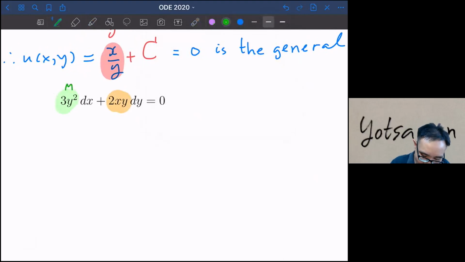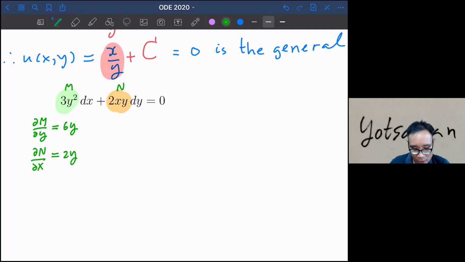I have my M and I have my N. So I will begin with dM/dy for checking the exactness. So this would give you 6y, and you have dN/dx. Okay, dN/dx is gonna be 2y. And so you see that they are not identical, so they are not the same, so it's not exact.